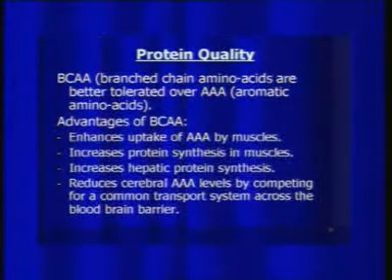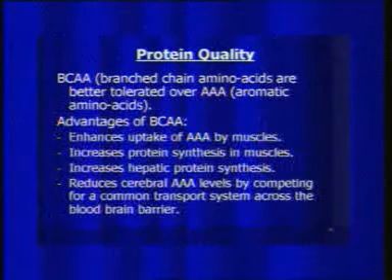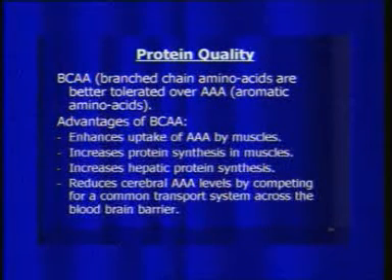Because they enhance the uptake of aromatic amino acids by muscles. They increase protein synthesis in muscles. They increase hepatic protein synthesis. They reduce cerebral aromatic amino acid levels by competing for a common transport system across the blood-brain barrier.